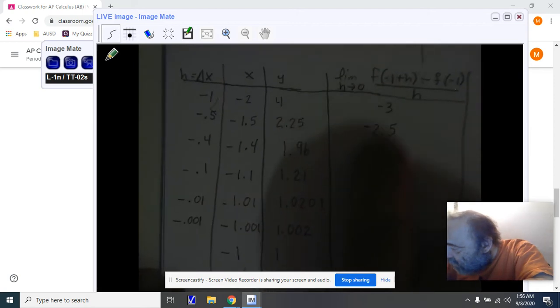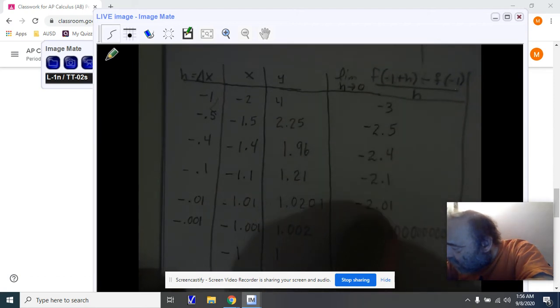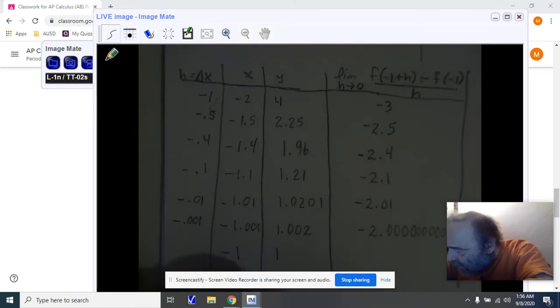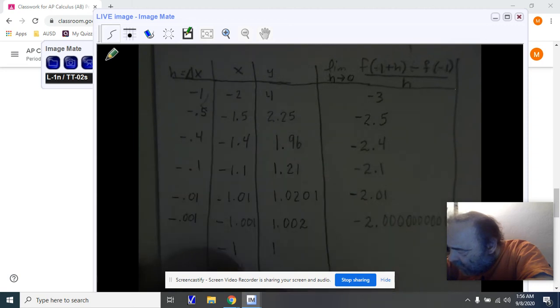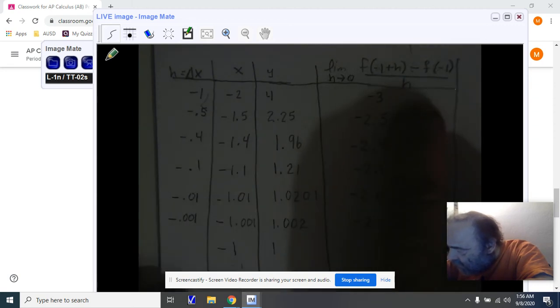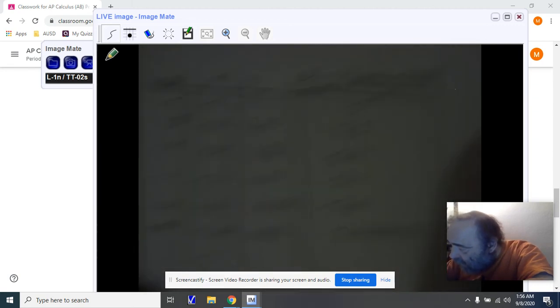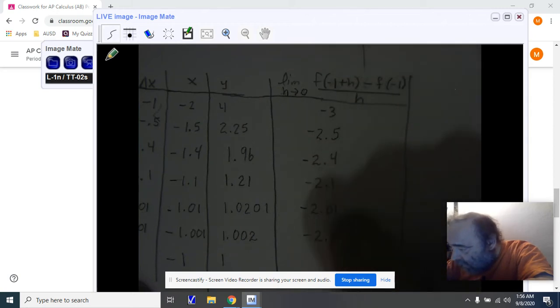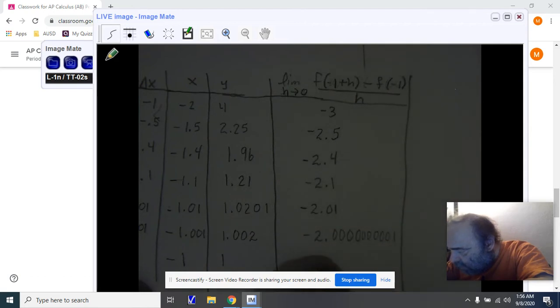These are the slopes that I am approaching, each between our x1 and our x2, using this formula. My slopes are going from -3 when I was looking at the slope between -2 and -1, and look at that, they're approaching 2.